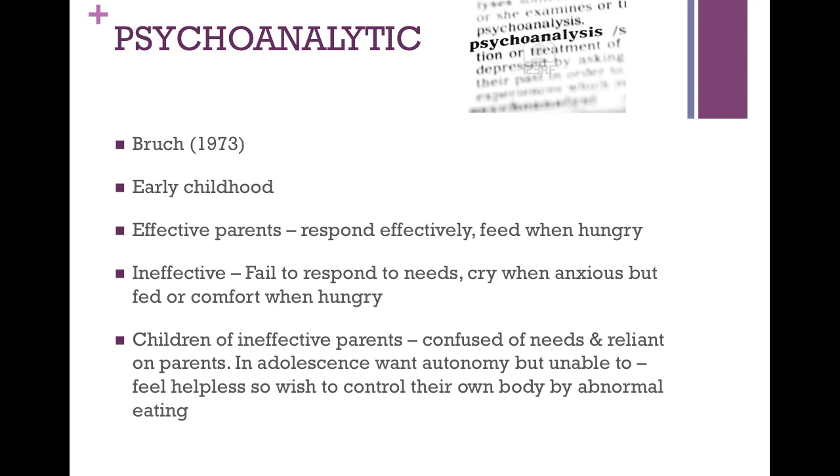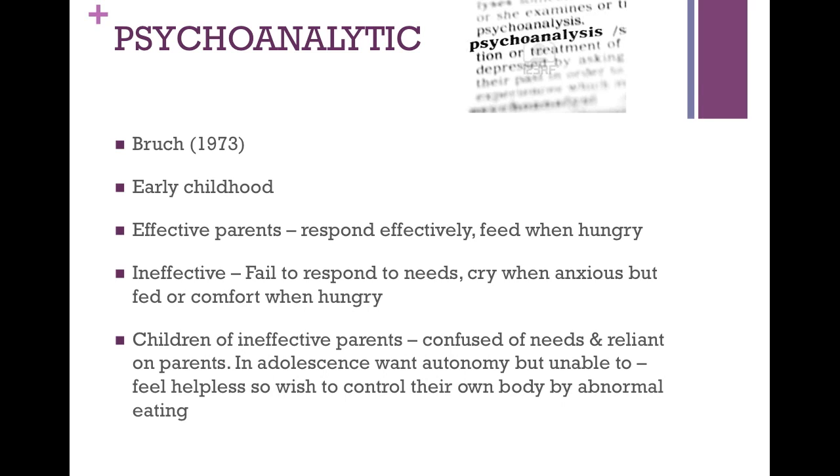So that's what Bruch was saying led to the disorder: ineffective parents in childhood, and during adolescence the body becomes the thing they can control. They would control their body, but to unhealthy amounts, because of this feeling of helplessness, where they can't control anything else.